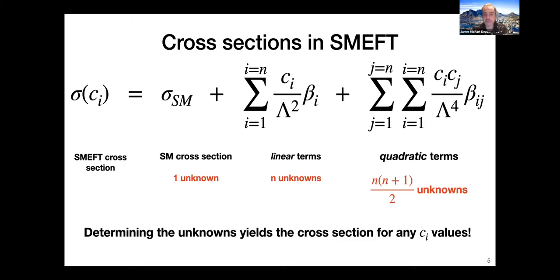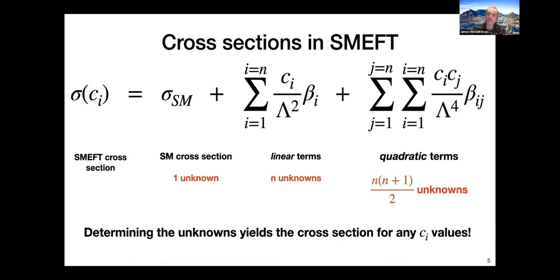You have a list of contributions that depend linearly on these coefficients, and a set that depend on the products of all pairs of coefficients, including the squares of each coefficient. So you have a bunch of unknowns here because all the linear terms have slopes, which are called beta i here, and you have additional unknowns, which are the coefficients of the quadratic contributions, beta ij. So if you could determine the unknowns here, you could work out the SMEFT prediction at any point in the parameter space of the SMEFT.